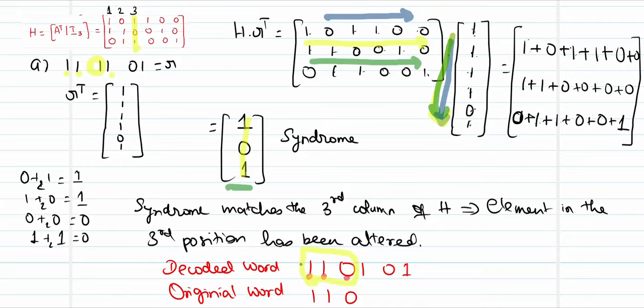So this is how we are going to work on the remaining pair of elements. So this is my first word. Now let me decode the remaining words quickly so you can do it along with me.